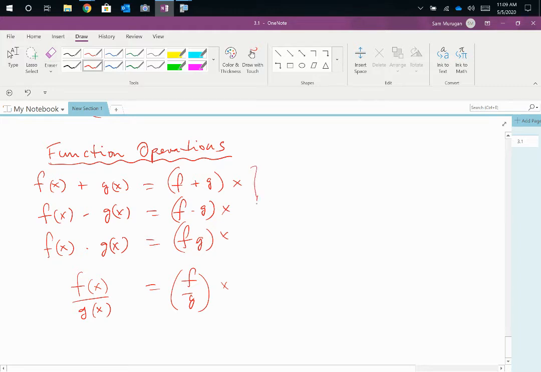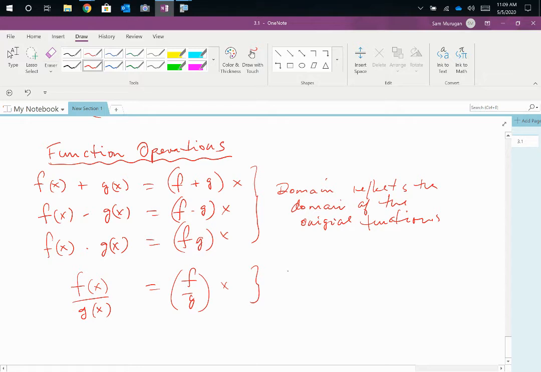Now, the first three cases, the domain reflects the domain of the original functions. In this case, we have to consider the original functions.